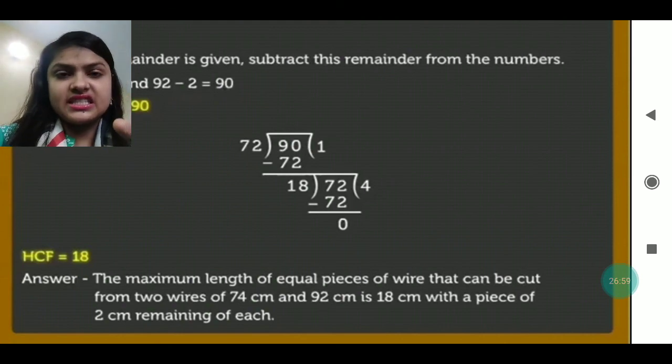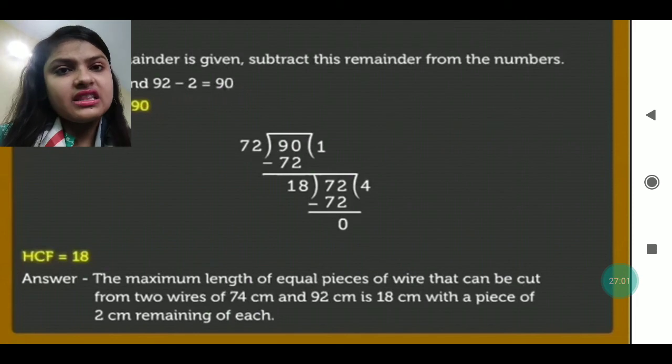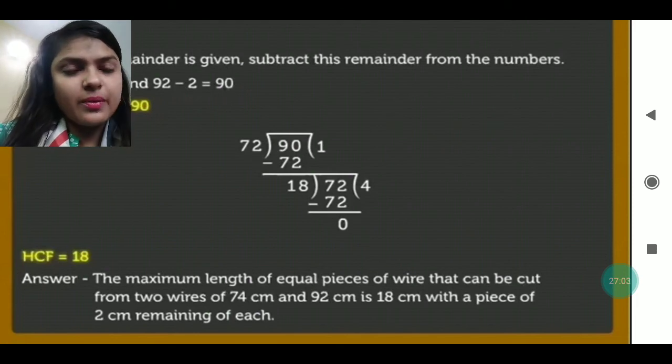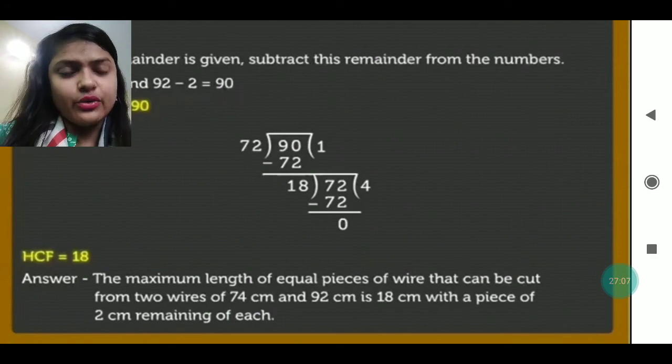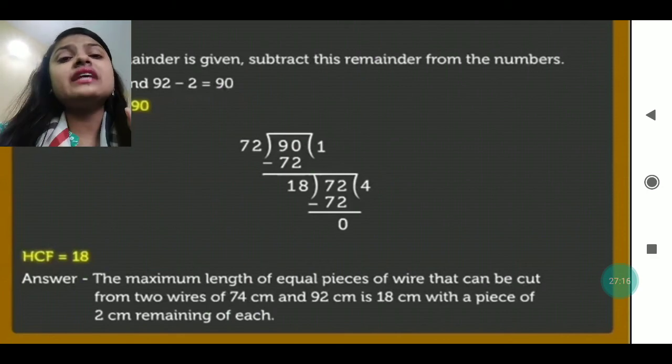We have already done that in the beginning: from 92 I subtracted and got 90, from 74 I subtracted and got 72. Then I divided, and the highest common factor of 72 and 90 is 18.